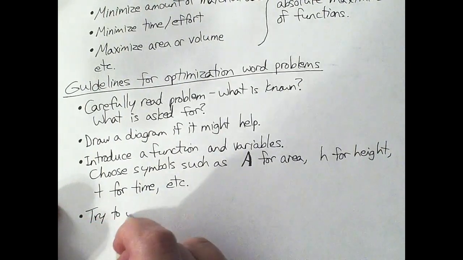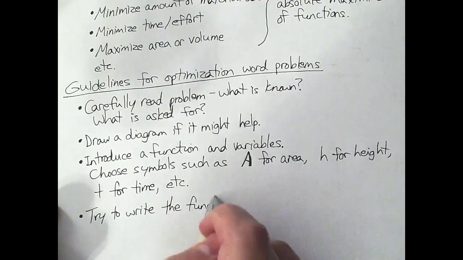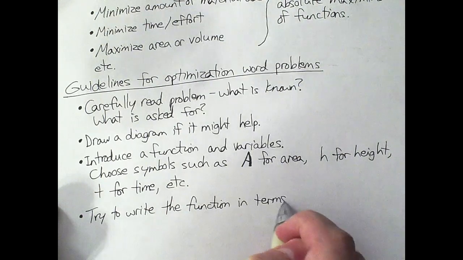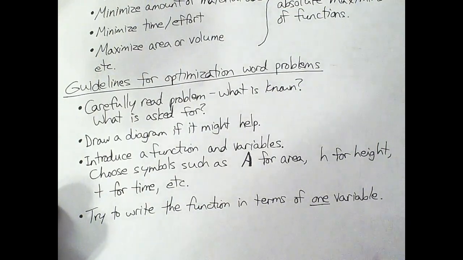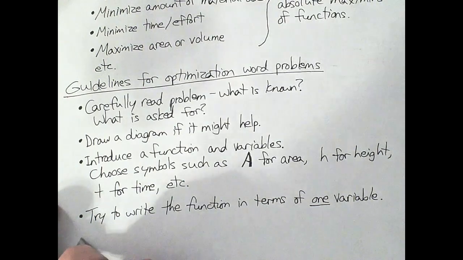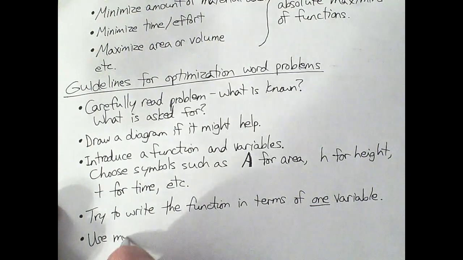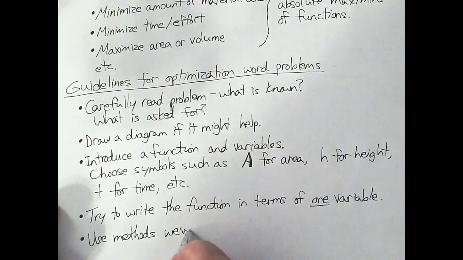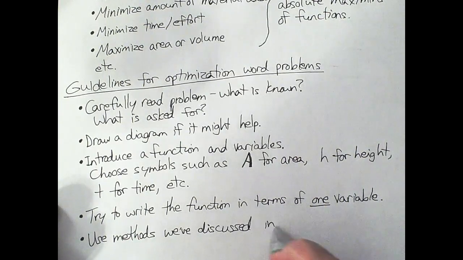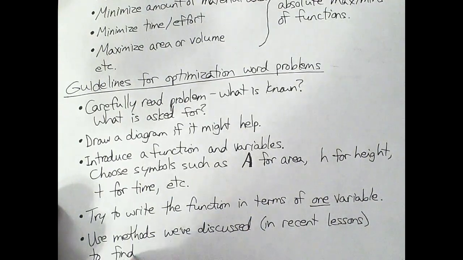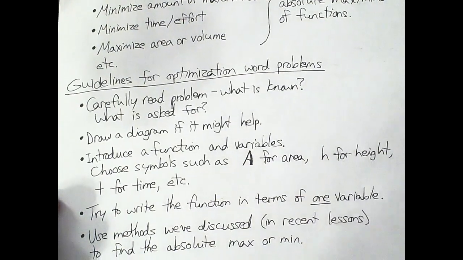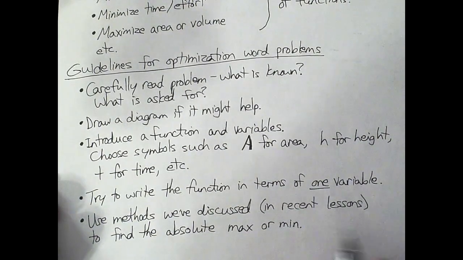For these ones, we're going to want to try to write the function in terms of one variable, and then use methods we've discussed in recent lessons to find the absolute max or min, in parentheses, in the domain.